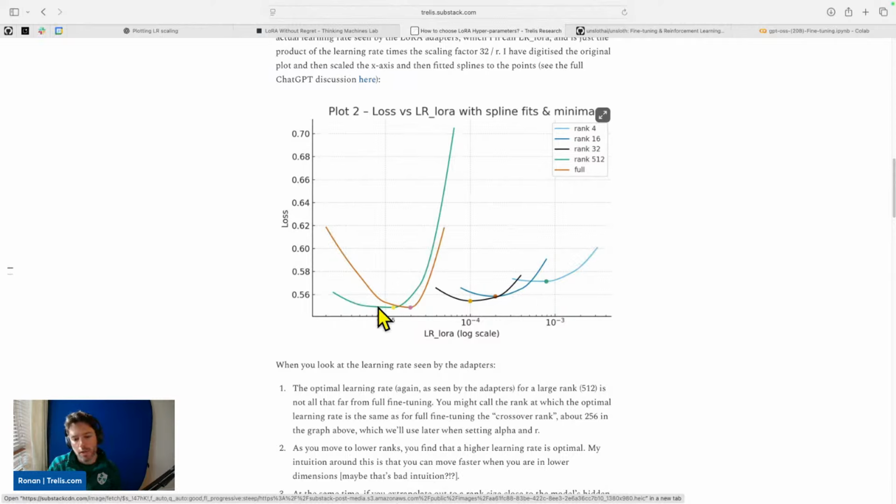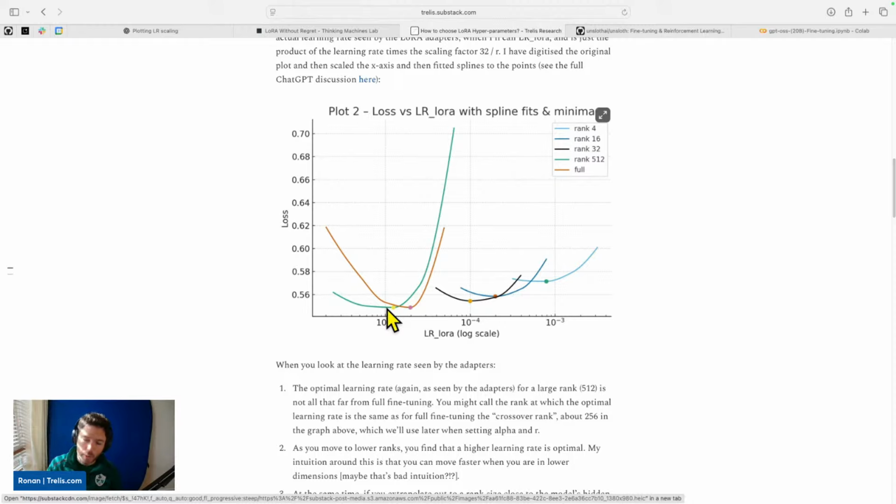Because ultimately, what this really says is, if your rank is smaller, you should use a higher learning rate. And if your rank is large and it gets towards the original size of the matrices, then you should probably use the same learning rate as the base model. So this here is the ultimate empirical curve that tells you about how you should tune your LoRA parameters.